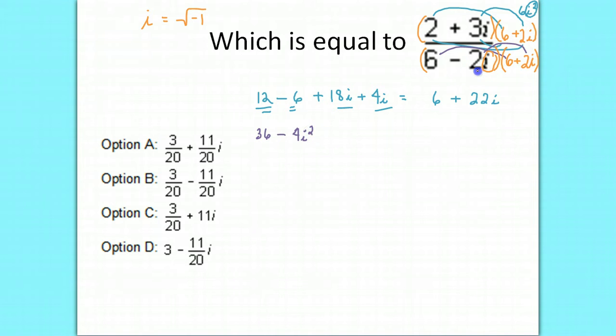And it doesn't matter the order, you can do the pairs in any order. I just did the 2 eyebrows. I think of it as 2 eyebrows and then the nose. So we'd have negative 2 times positive 6, so minus 12i. And then 6 times 2i would give us a plus 12i.